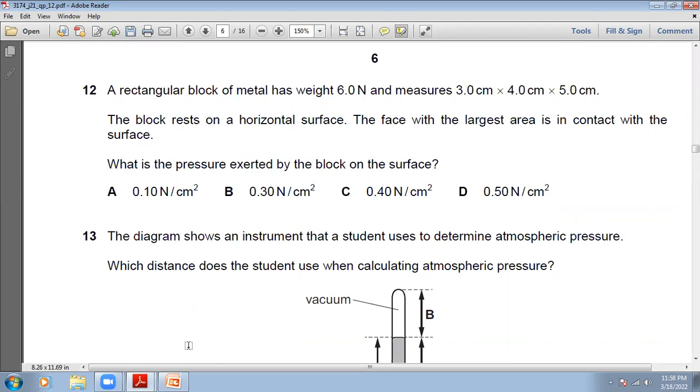Force divided by area means weight divided by area. Now he is saying that the face with the largest surface area is in contact with the ground. The largest surface area will be this face, 4 by 5. So I can find the area, 4 multiply 5, and that will be 20 centimeter square.